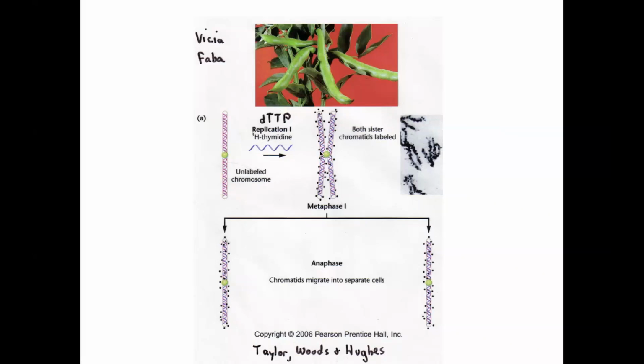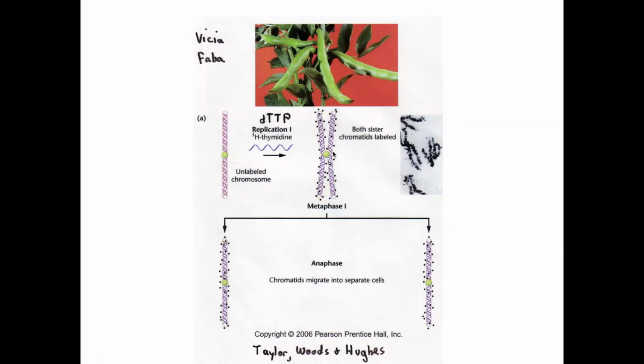So they could then visualize the metaphase mitotic chromosomes. And this is what they look like: metaphase chromosomes, two sister chromatids still adhering to each other at the centromeric region.